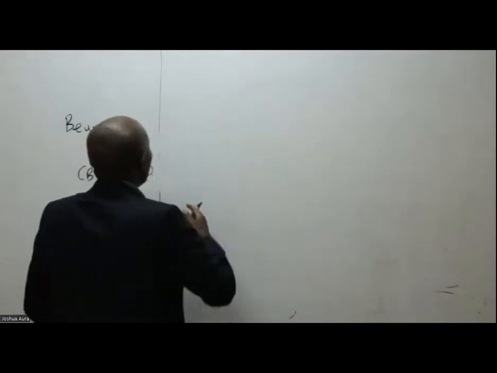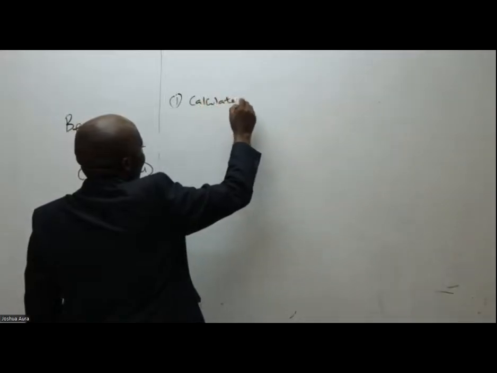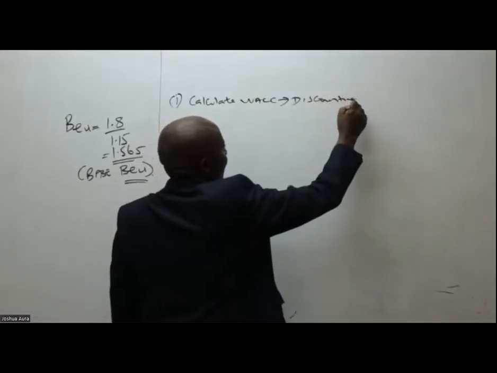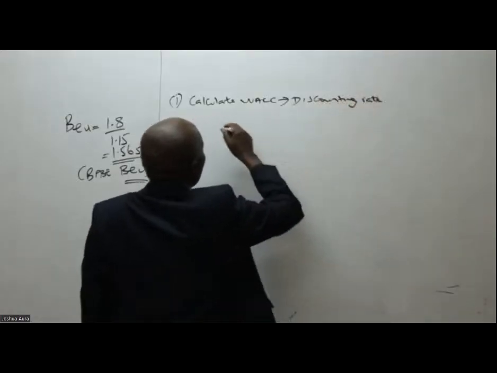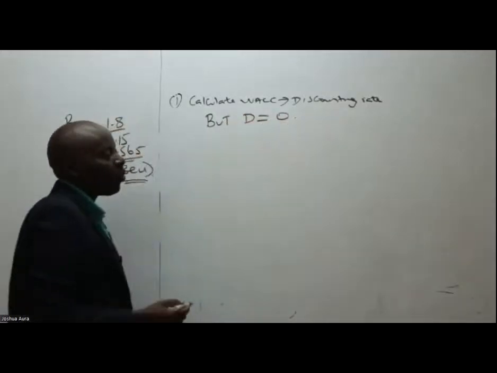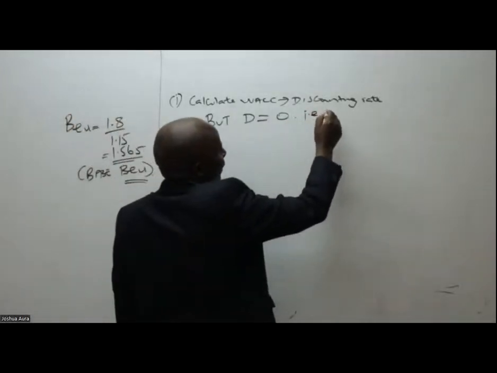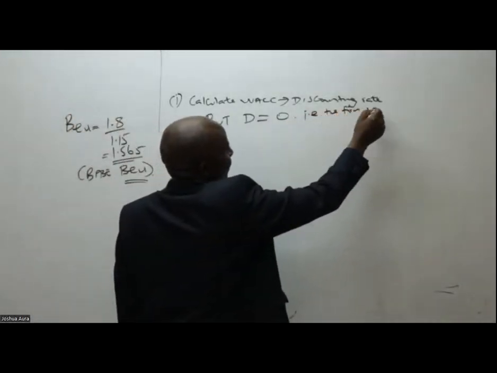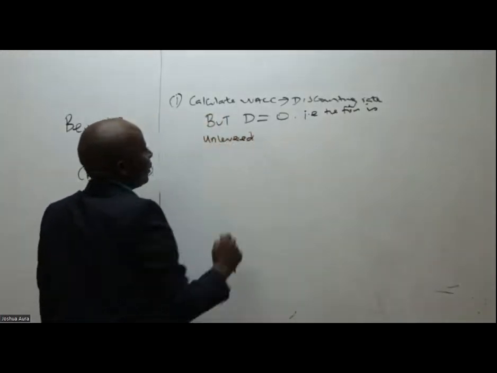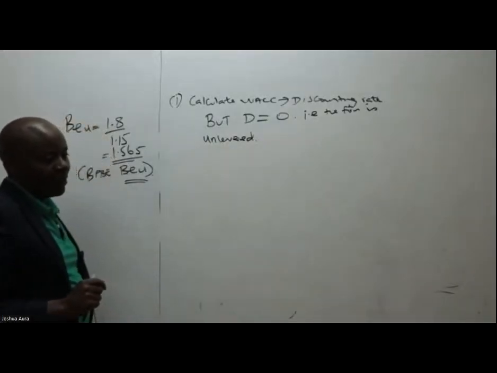So in this case, go ahead and calculate WACC. This is our discounting rate. But remember your debt equals 0, i.e. the firm is unlevered.